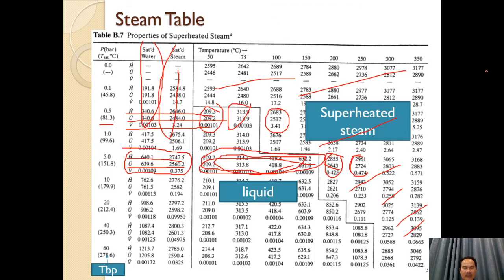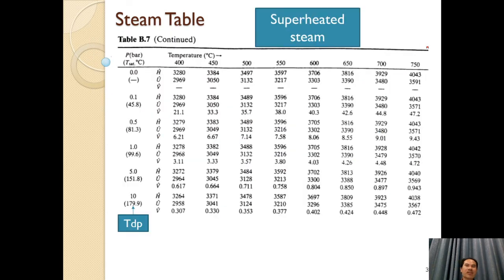This is the same table. For temperatures higher than 350, all of this is the superheated state, only vapor, higher than the saturated state. The saturation temperature in the bracket is the dew point temperature.